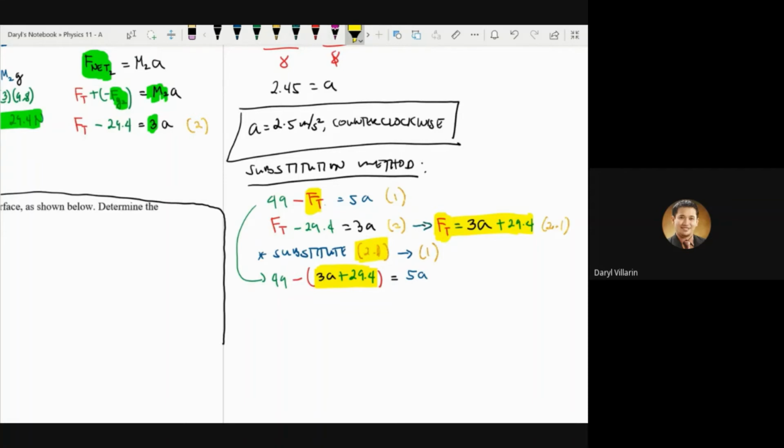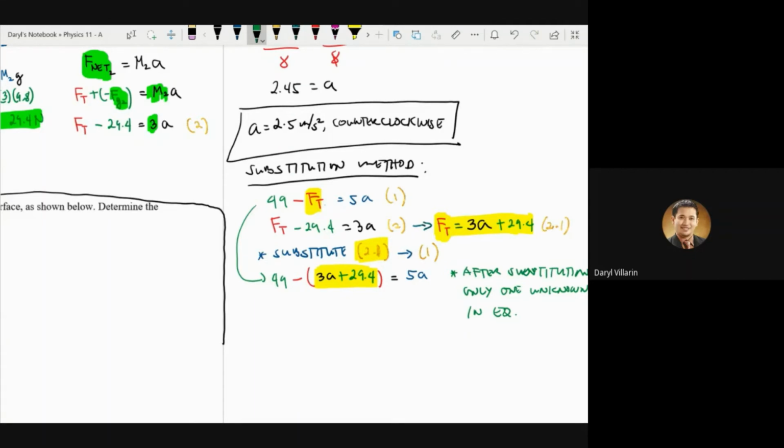So now, after substitution, you're going to expect only one unknown left in the equation. If you still have more than one unknown there, that means that you need to find another way.